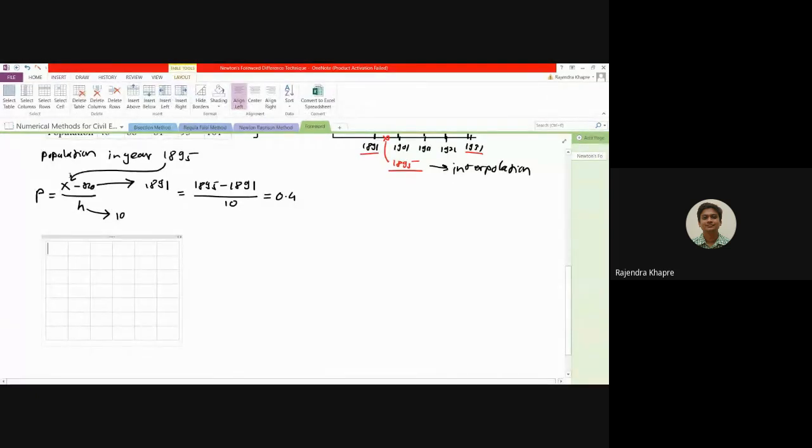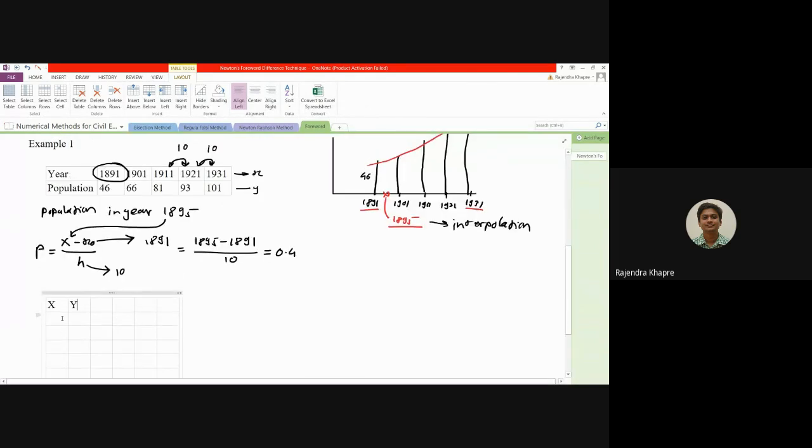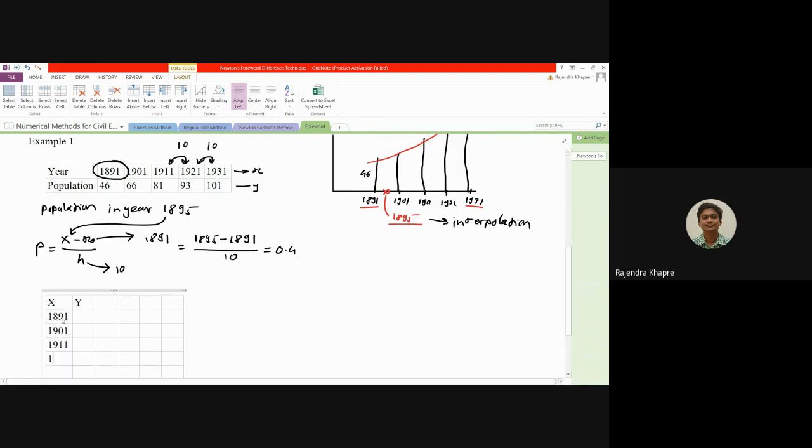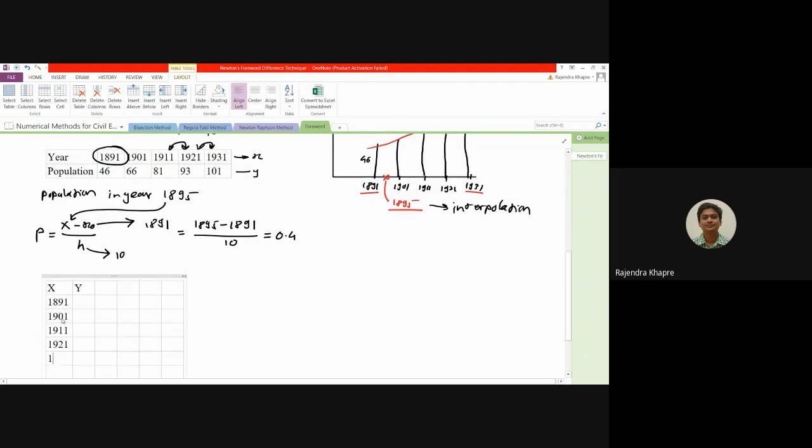First of all, I'm going to substitute the values of x and y. The x values available with us are 1891, then 1901, then 1911, then 1921, and then 1931. The y values are nothing but the population.